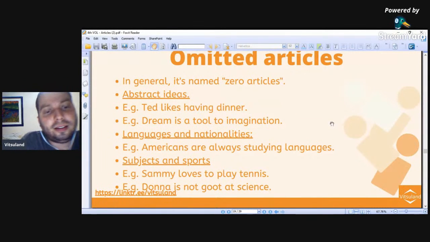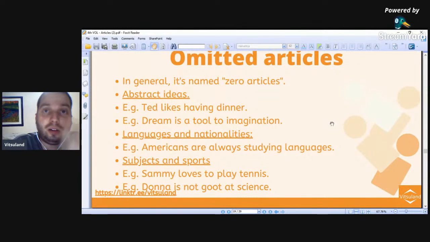Languages and nationalities. Americans are always studying languages. It's just an example, of course, but Americans are always studying languages. In this case, we didn't say the Americans, the British. No, Americans.